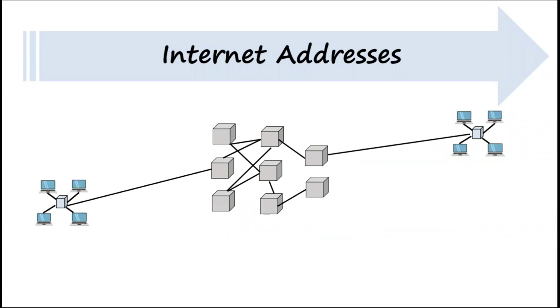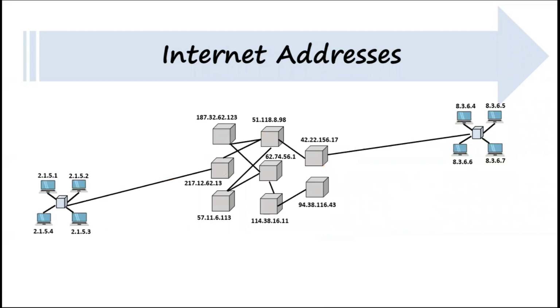Every single device on the internet gets a unique internet address. So the numbers you see, these are unique for every single device. No two devices can have the same number. Not even computers, not even routers, not even your switches. Every switch, every computer, every router has a designated, unique internet address.